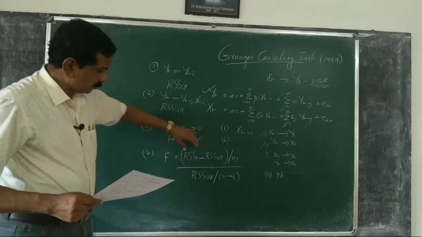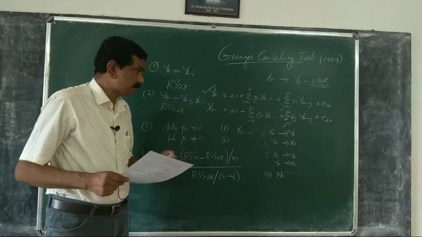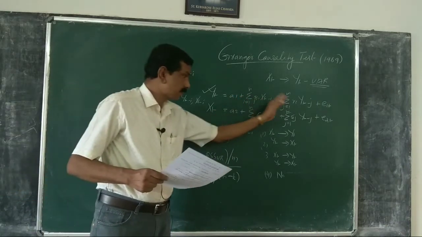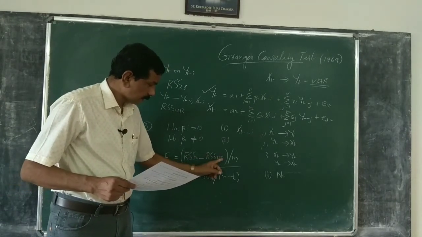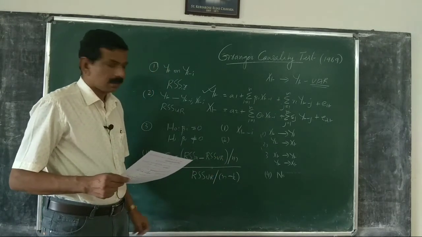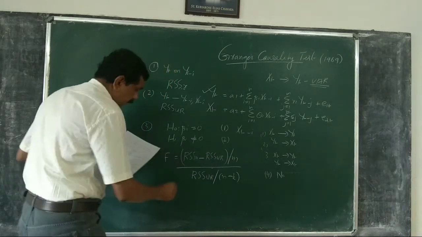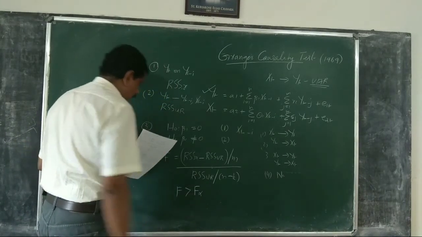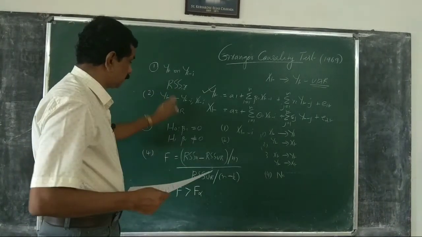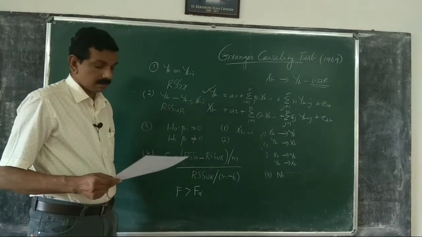If the restrictions are not valid, meaning xt does Granger cause y, RSS restricted will be much higher than RSS unrestricted, so that you will get a large F value. So if F is greater than F alpha, reject H0. Reject H0 means xt Granger causes yt.